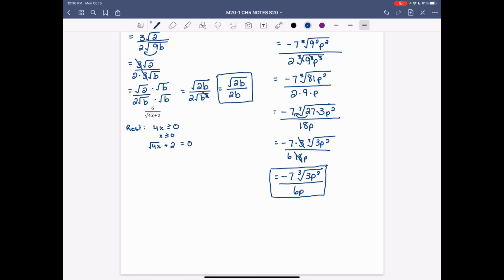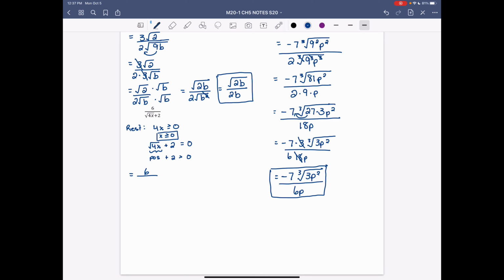Well, the square root of 4x will always be a positive number because the square root of a number is always positive. Plus 2 is always going to be greater than 0, so we don't have to worry about the denominator equaling 0. We just say x is greater than or equal to 0 for the square root restriction.